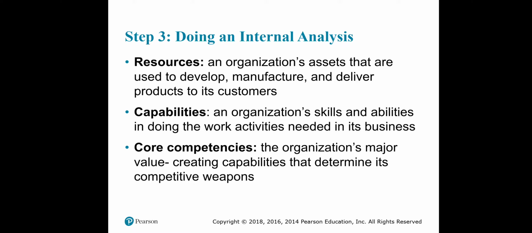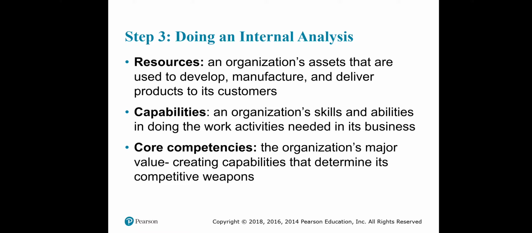Now we move to the internal analysis, which provides important information about the organization's specific resources and capabilities. An organization's resources are its assets, financial, physical, human, and intangible, that it uses to develop, manufacture, and deliver products to its customers. They're what the organization has.